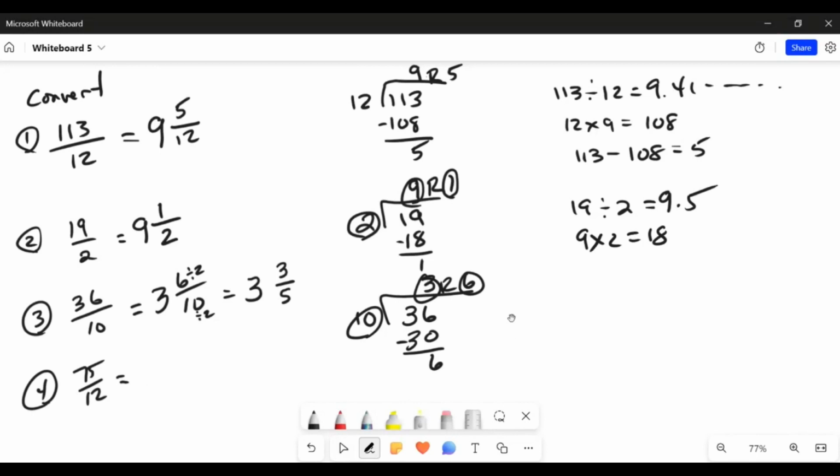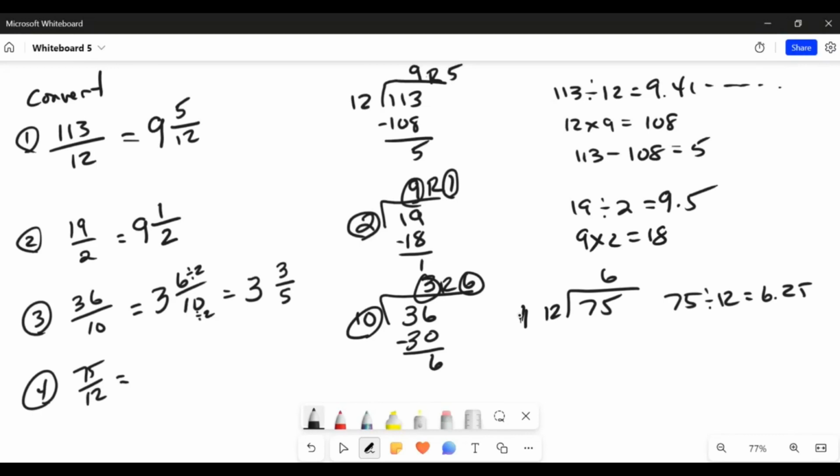So we need to take 12 and divide it into 75. So when we take 75 divided by 12, we get 6.25.